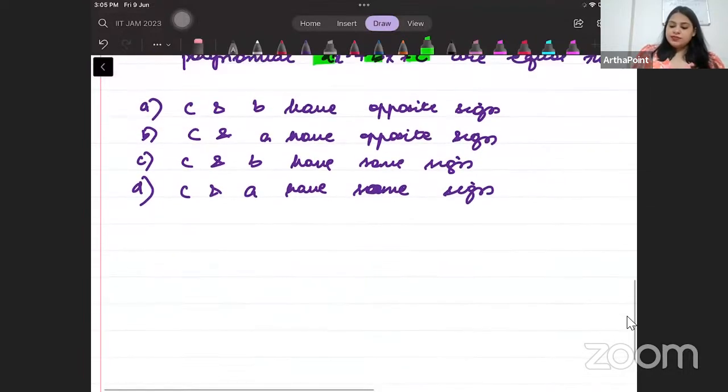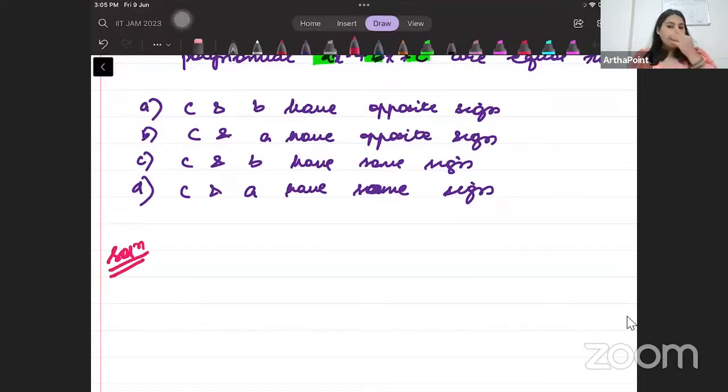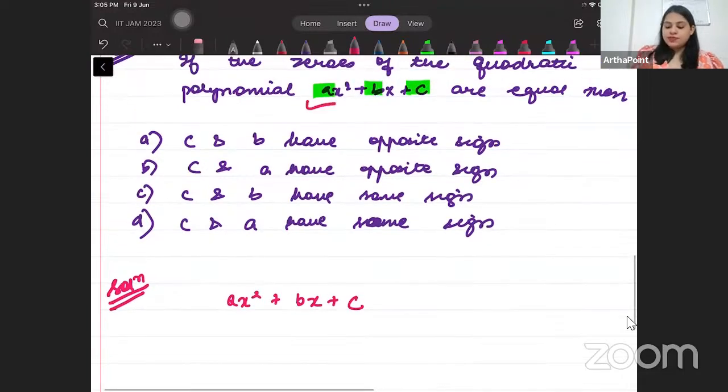Okay, try to do this with me. Beta, just one time, let us think a little. If my equation is of the format ax square plus bx plus c, this is the equation. Then how do I find zero of the polynomial, that x such that this equation is 0?